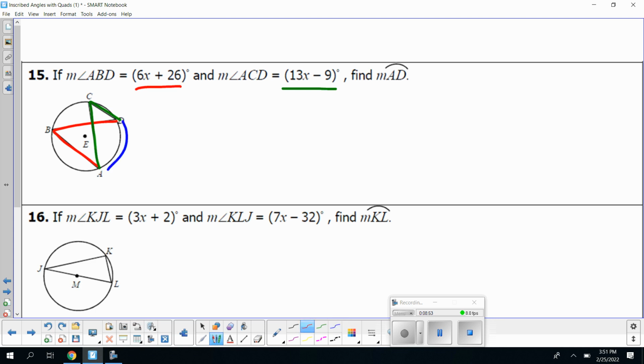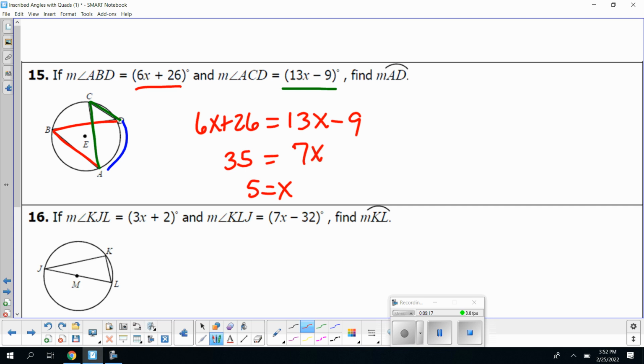So I'm just going to set those equal to each other. 6x plus 26 equals 13x minus 9. If I subtract 6x from both sides, that gets me a 7x, sorry. And I add 9 to both sides, which is going to give me a 35. And then I divide by 7, I get x equals 5.